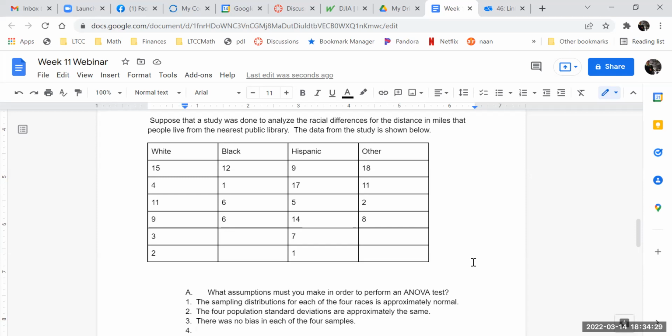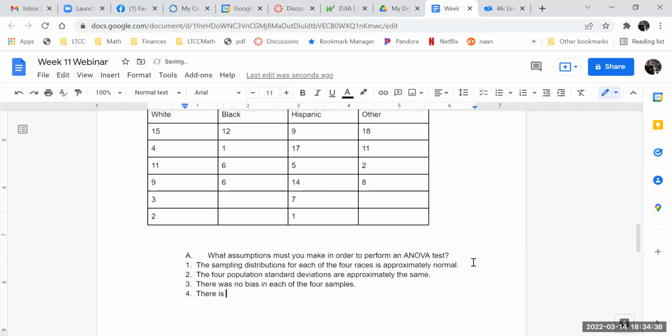You survey a bunch of people and you ask them, what's your race and how far are you from the library? So there's a small possibility that they weren't independent. But most likely, independence is not an assumption needed.